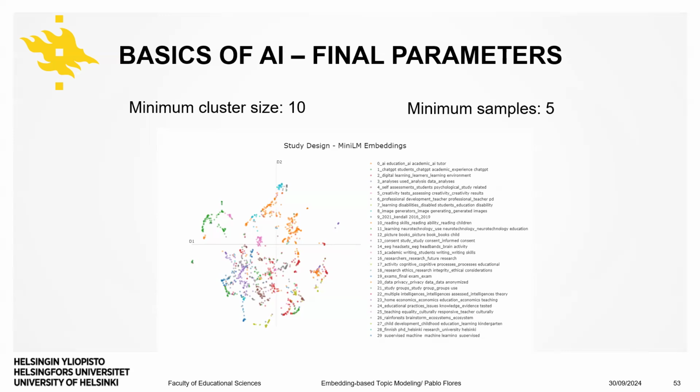There was one topic that I felt was very out of place, which was this number 9, Kendall, 2016, 2019, which were inline citations. Of course, they were making study designs, so they would cite other studies. Even though I removed the bibliography and the reference sections, there was no way to remove them, so they just stayed there. I just manually removed it afterwards.